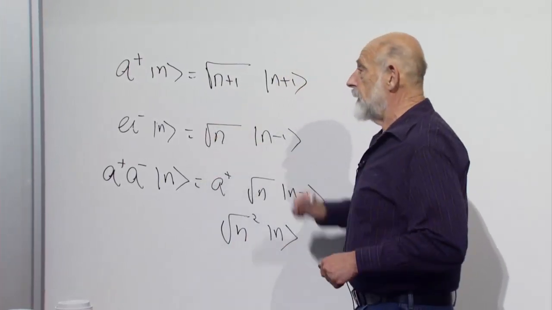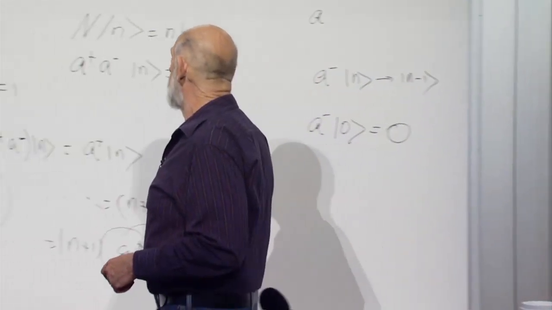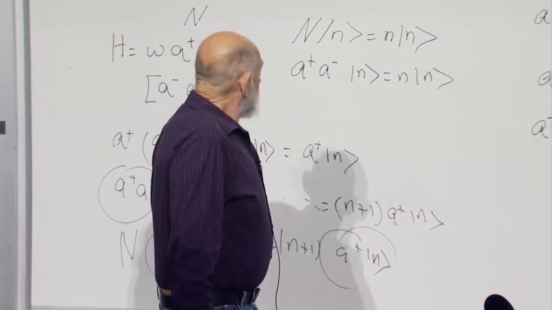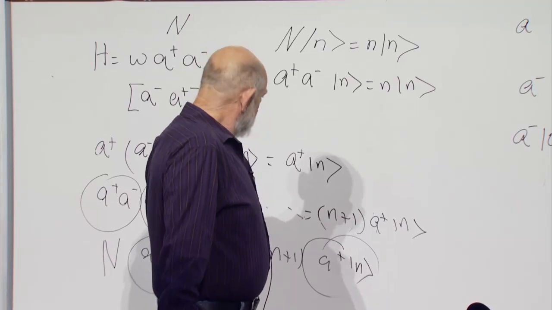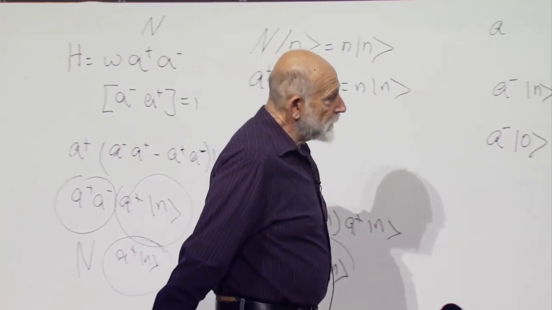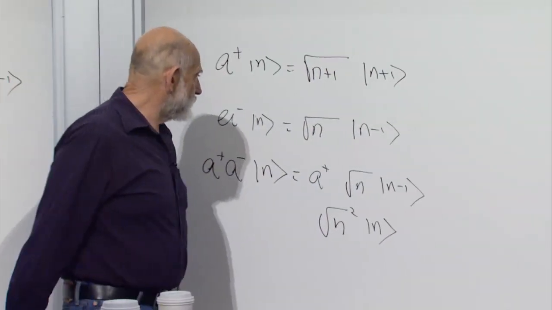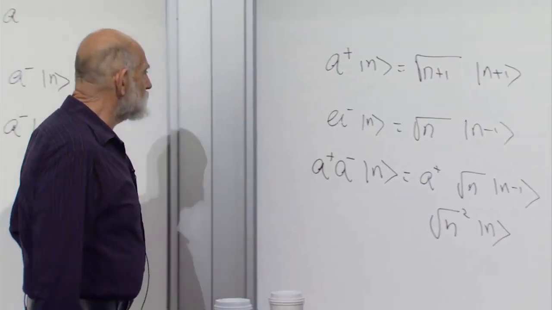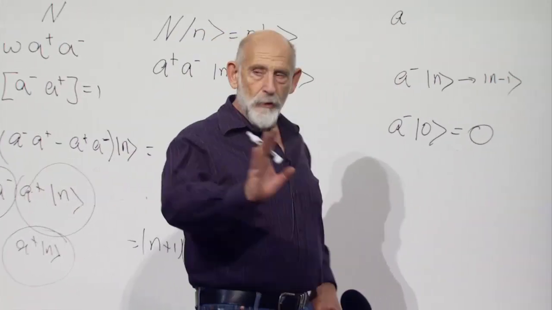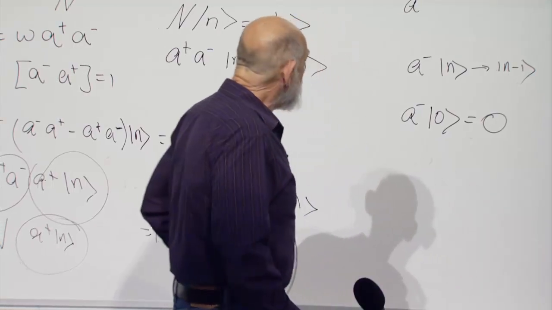Well, square root of 0 is 0. If vector n minus 1 is 0, it's a 0 vector. We can prove it. I'm a little bit tired now, and I don't know what the proof is, but it's a good question.